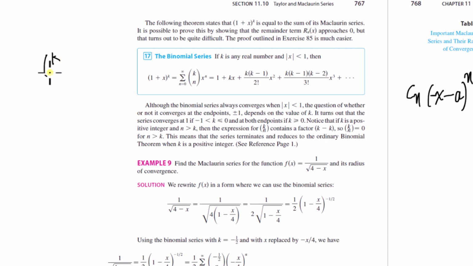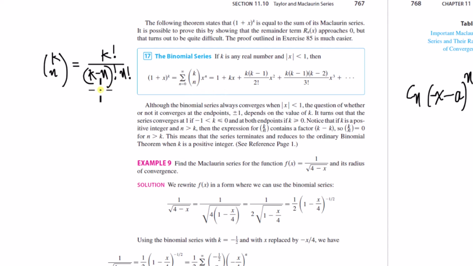statistics, k choose n is k factorial over k minus n factorial times n factorial. Okay, but these coefficients don't look like this formula, right? Well, let's see. When n is equal to 0, you've got k factorial, so that 0 factorial is 1, so k factorial over k factorial, x to the 0, so there's 1.